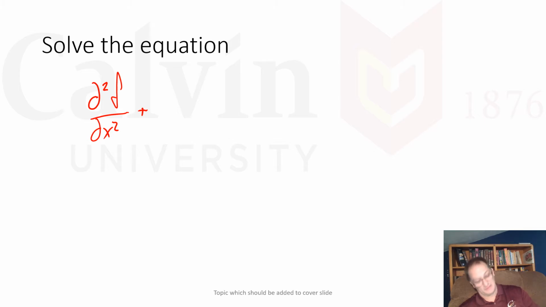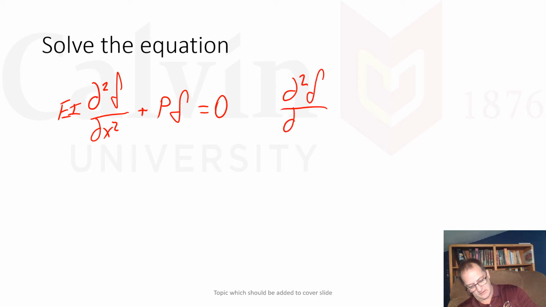Plus, and that's the reason why I put the minus in before, EI d squared delta, the second derivative of the deflection with respect to x, plus P over EI delta is equal to 0.